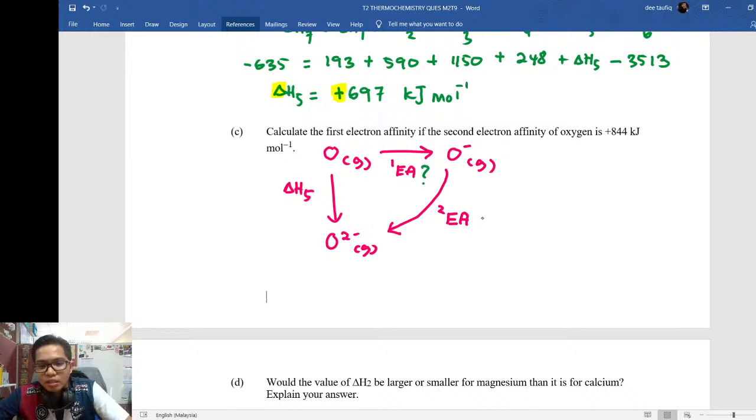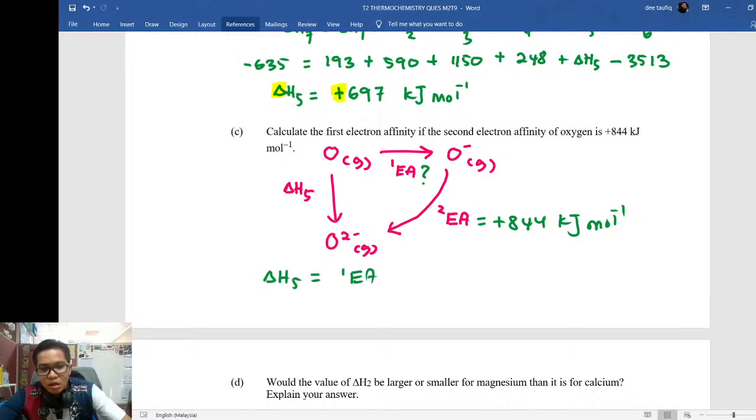The second EA given to you is positive 844 kJ per mole. So what is the value for the first? Delta H5 is equal to first EA plus second EA.